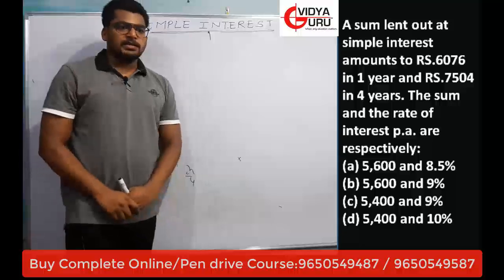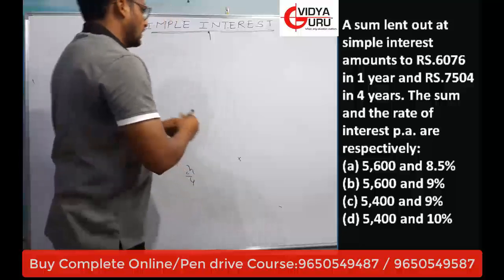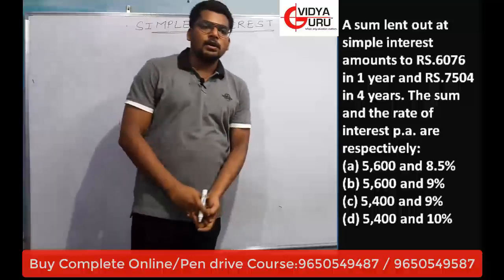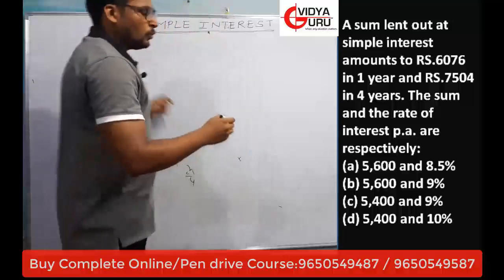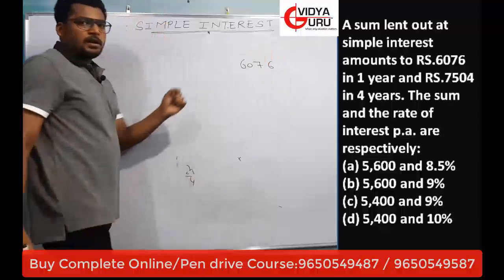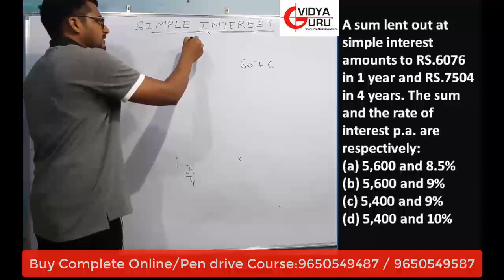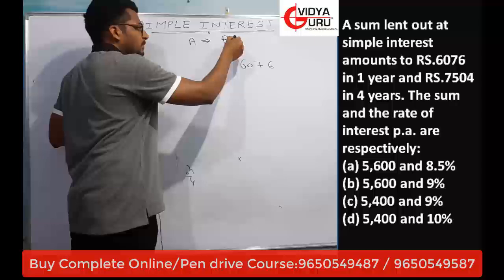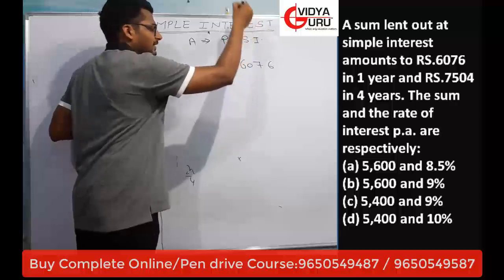Now this next question is quite interesting. What is the question saying? A sum is lent out on simple interest and amounts to rupees 6076 in 1 year. I have told you amount is equal to what? Principal plus SI.